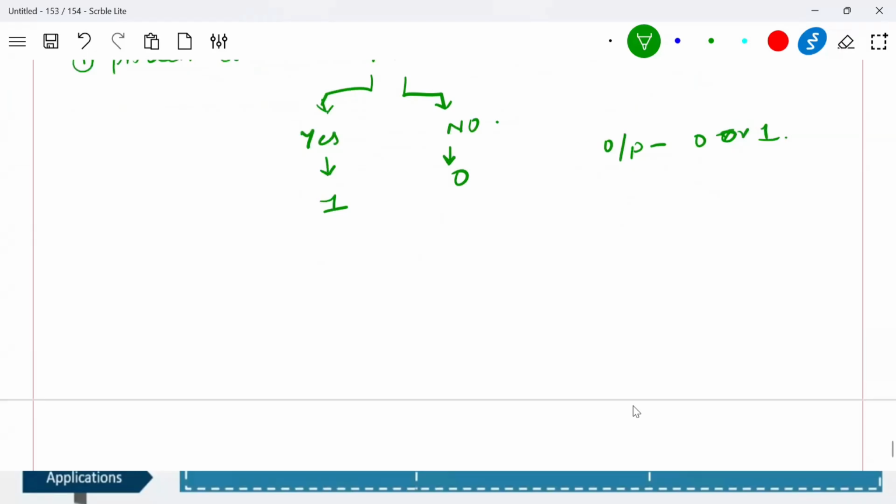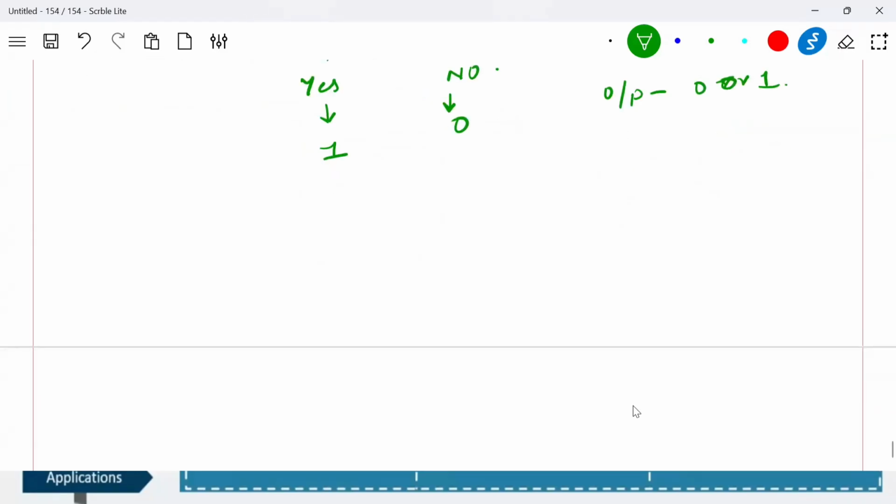Suppose I want to know whether India will win the match or not. So what we do again is take the past 10 matches data. On 1st June, India won the match.